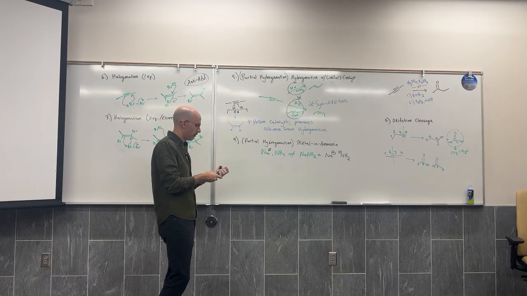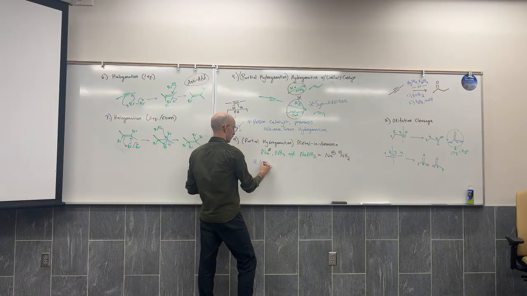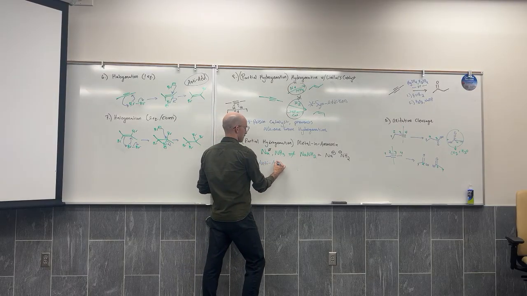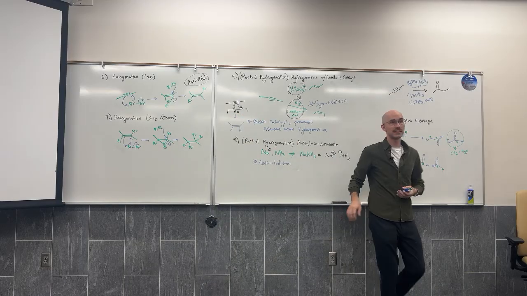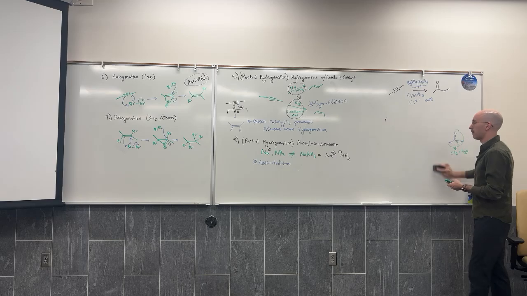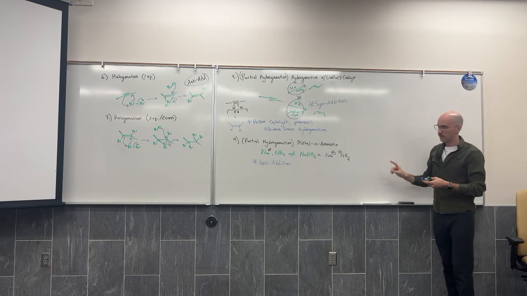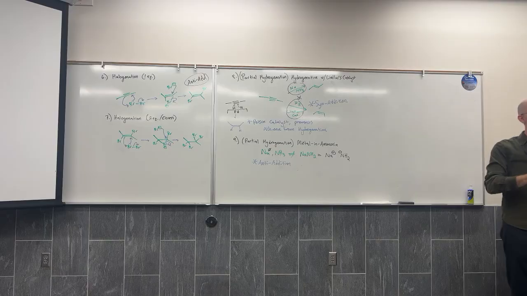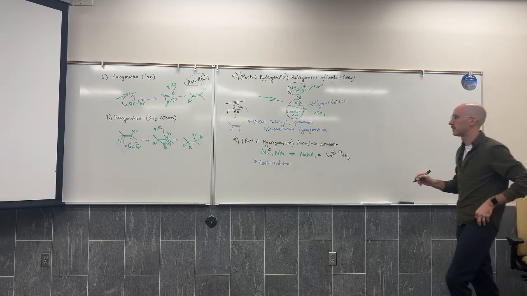Okay, what type of addition is this? Good. This gives us a trans alkene, which means it's anti-addition. And I want to come back. I'm going to give you guys the mechanism for this. But I want to show the last reaction for our alkynes before I give that mechanism.